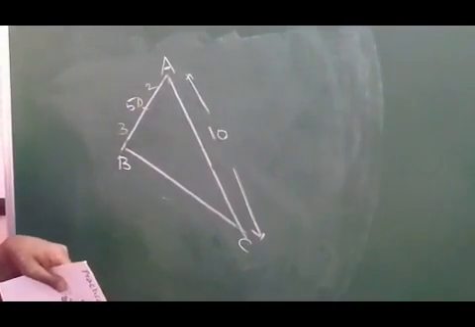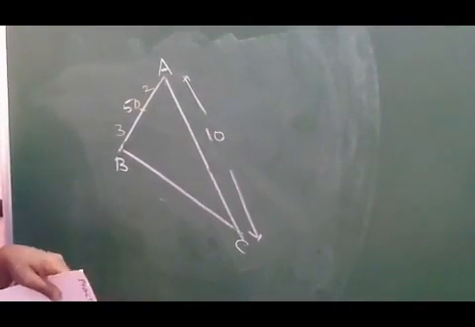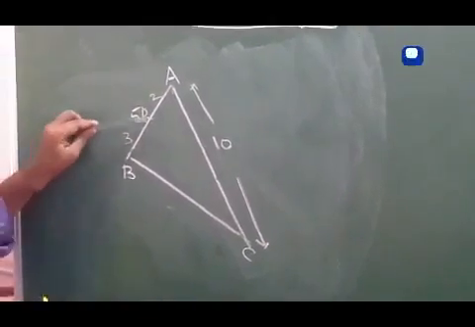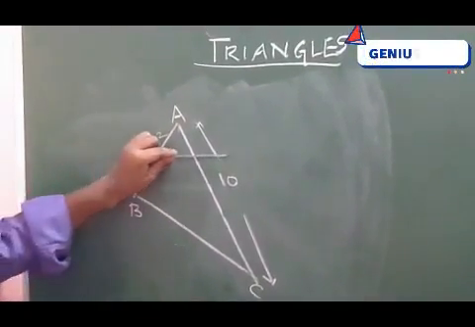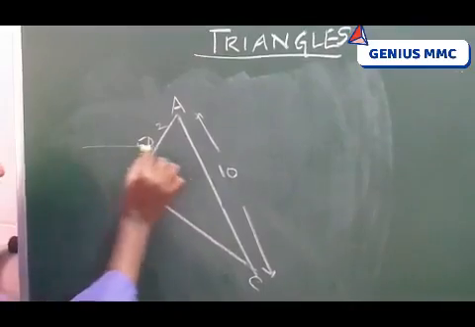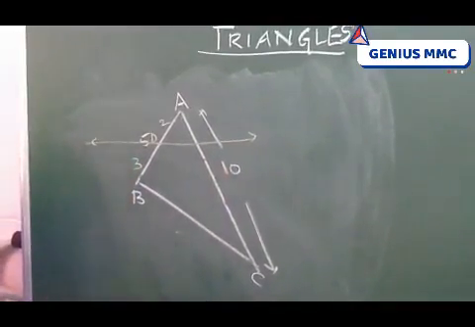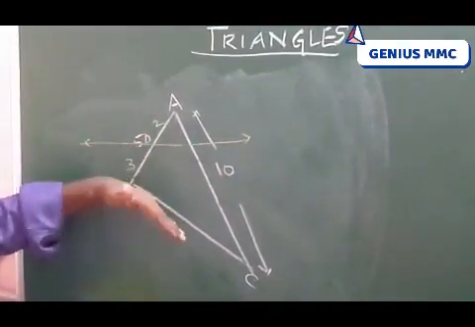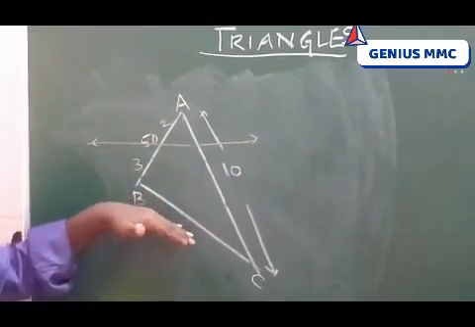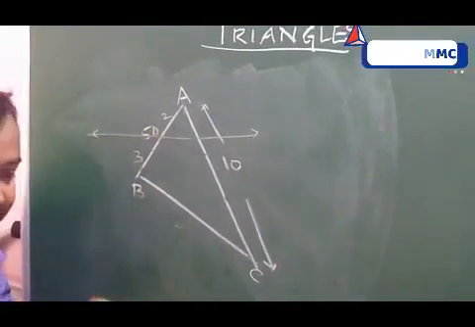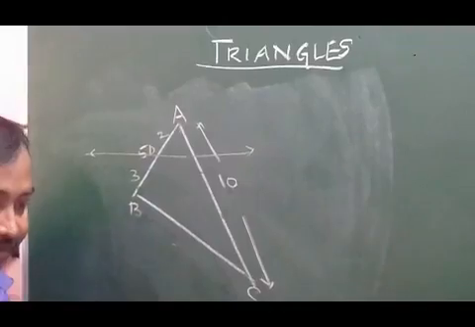Okay, the question is, I will draw a parallel line from D. A straight line is drawn like this. Is this line parallel to BC? No. The line is not parallel to BC.